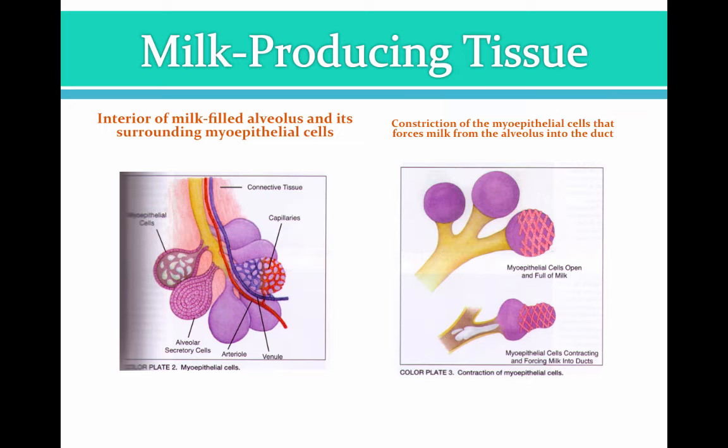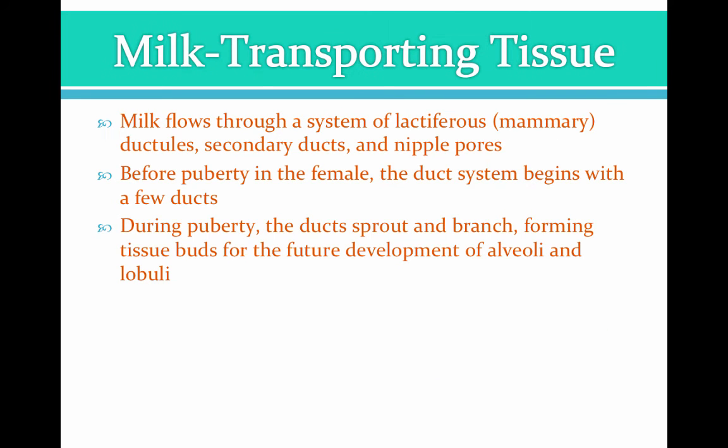Milk flows through a system of lactiferous or mammary ductules, secondary ducts, and nipple pores, and these are the milk-transporting tissues.